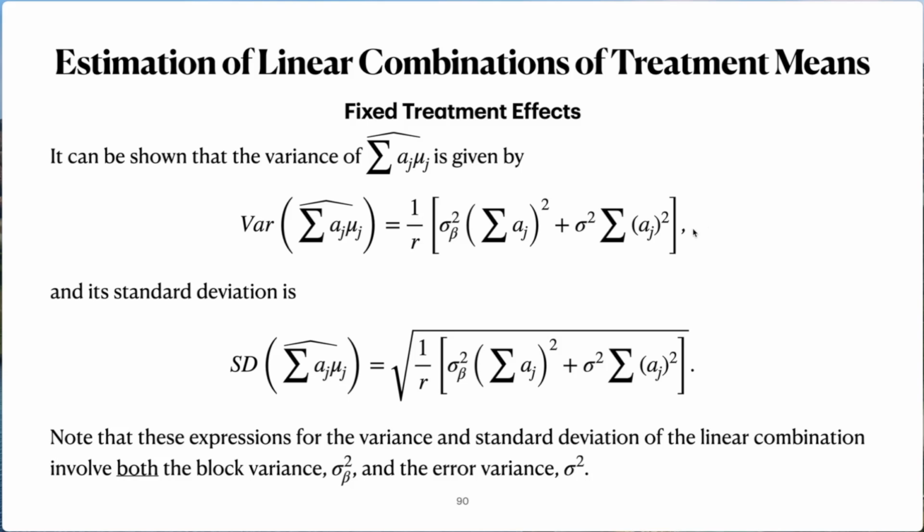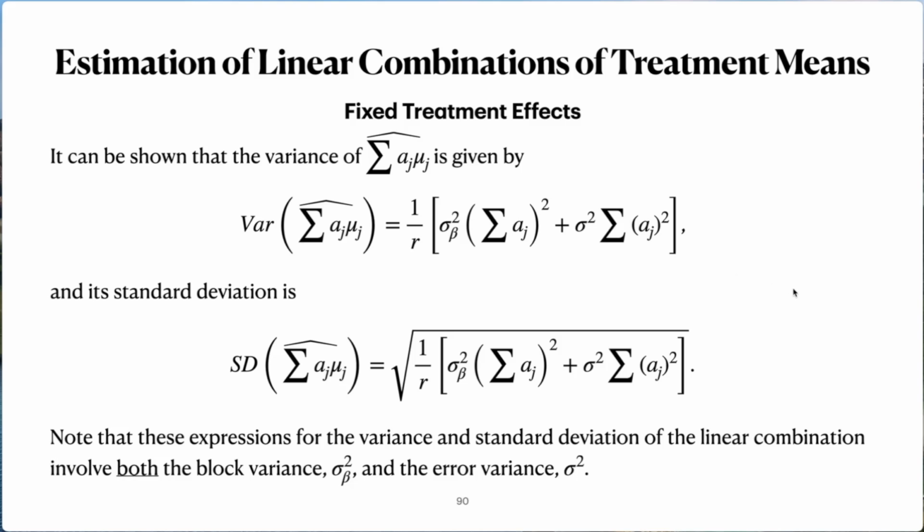Once we have this expression for the variance, we can take its square root to get the standard deviation for the point estimator of the linear combination.